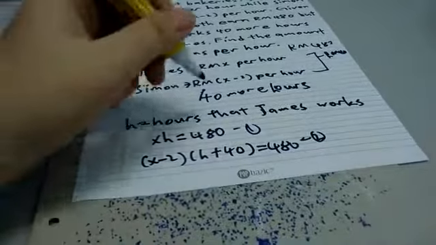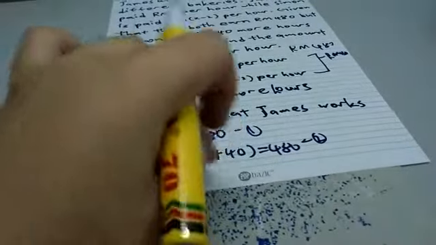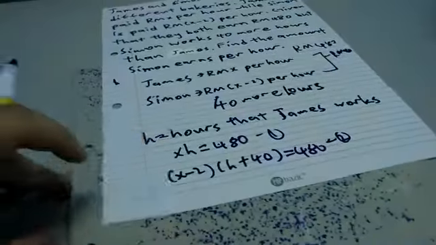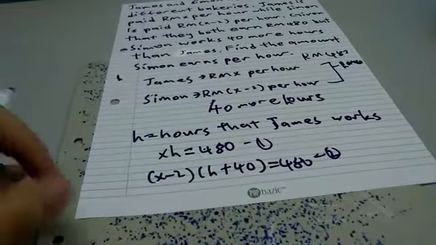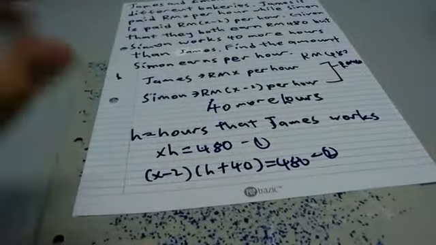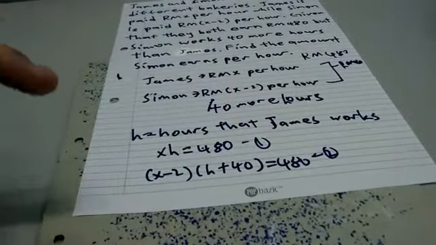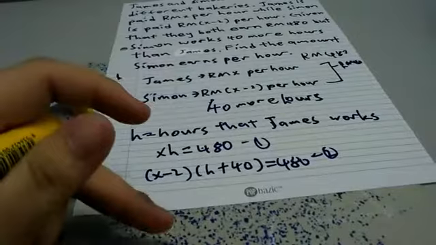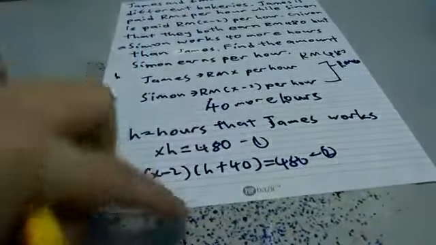Because h is the hours that James works, but the time we are talking about here is the hours that Simon works. Simon works 40 more hours than James, so h plus 40. So this is how I get the second equation.